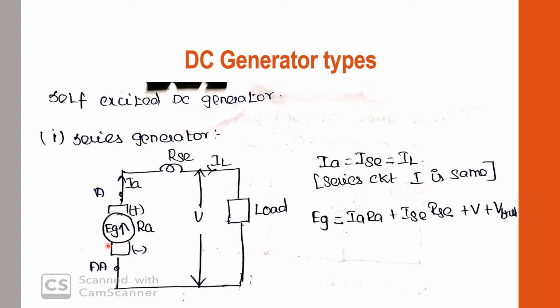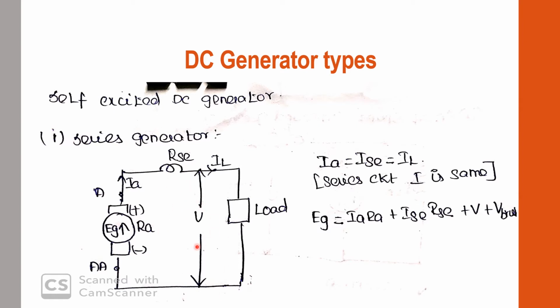So the armature is connected. We always know in a series circuit the currents are the same. So this series field current is equivalent to the armature current, because in a series circuit the current is the same. So IA equal to ISC equal to IL. Now we are going to find out the voltage current relationship.